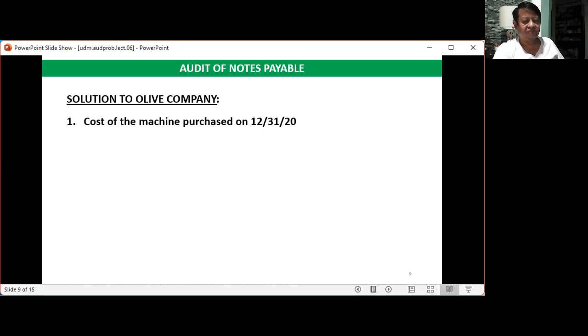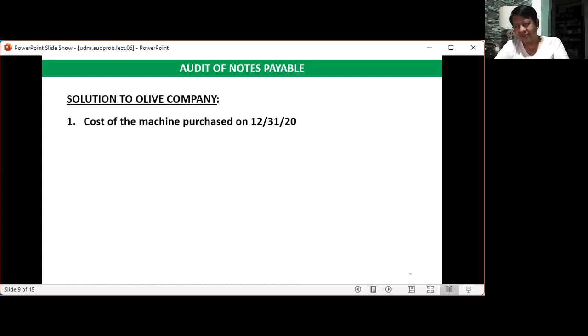If you will use your manual calculator, as I have discussed in our previous lesson, since the interest rate here is 12%, you have to type 1.12. After typing 1.12, you press the divide symbol 2 times, and then press the equal symbol 4 times, because this is payable in 4 years.